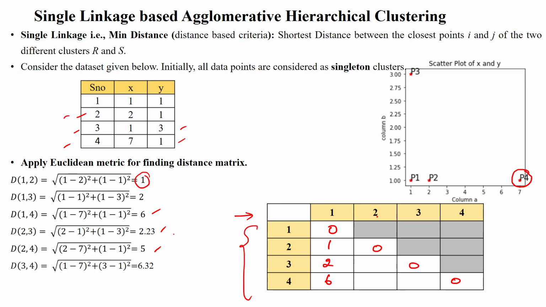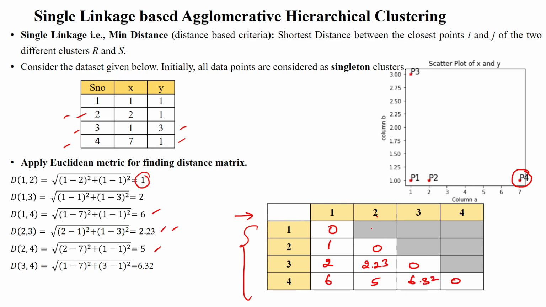The distance between 2 and 3 is 2.23, between 2 and 4 is 5, and between 3 and 4 is 6.32.